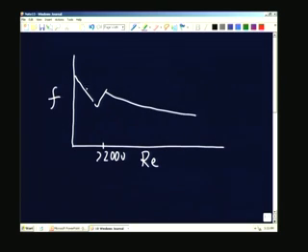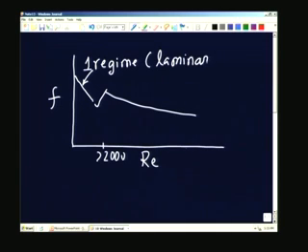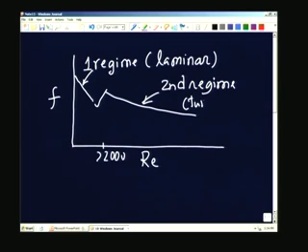So, we say that this is one regime, we call this the laminar regime, and this is the second regime, we call it the turbulent regime, and of course, there is a confusion here, this we call as a transition.